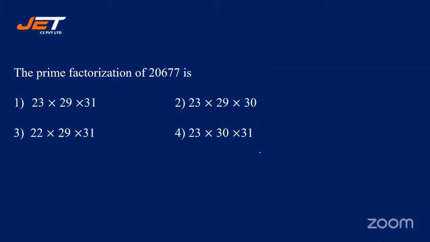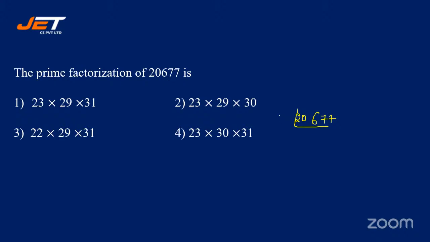See the next question. The prime factorization of 20,677 is dash. I'm sure you need to work this out.